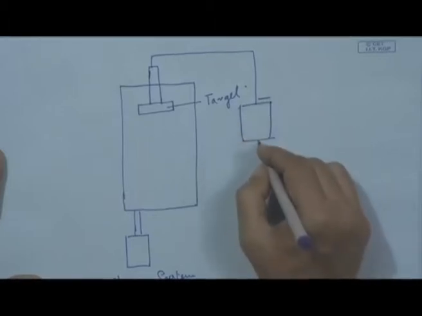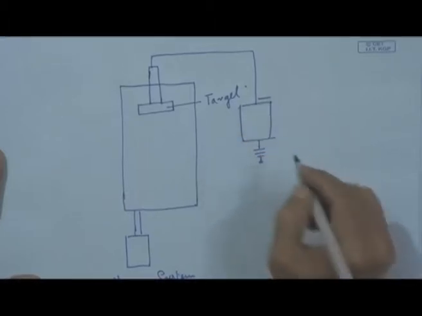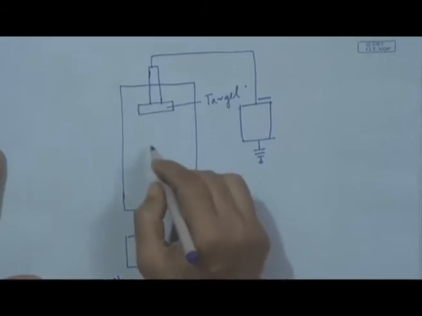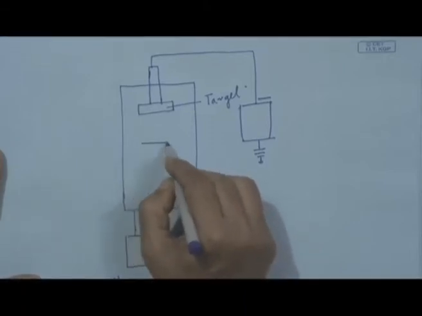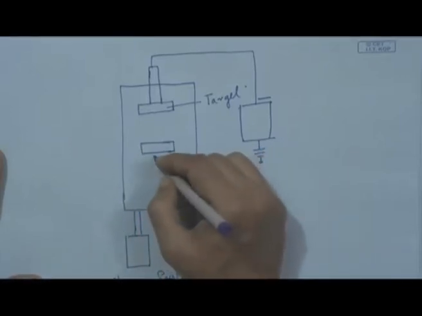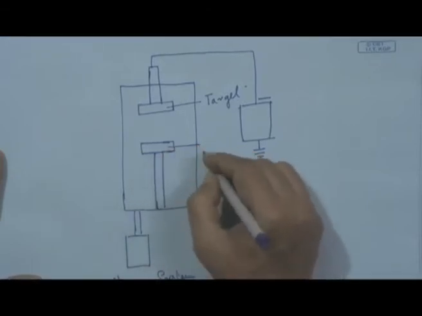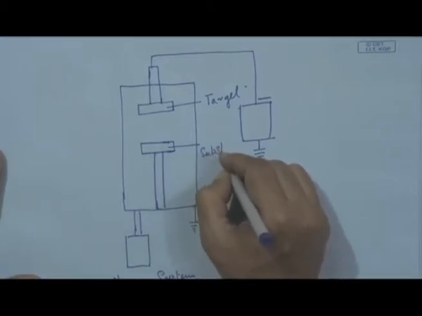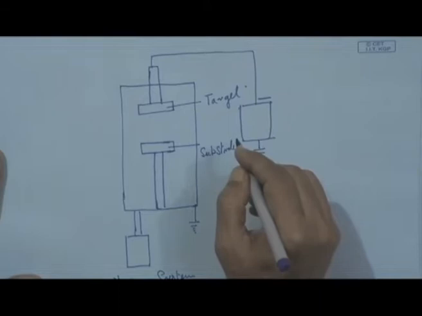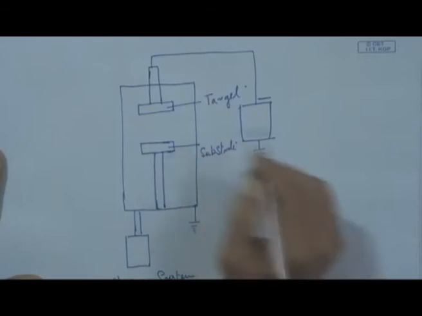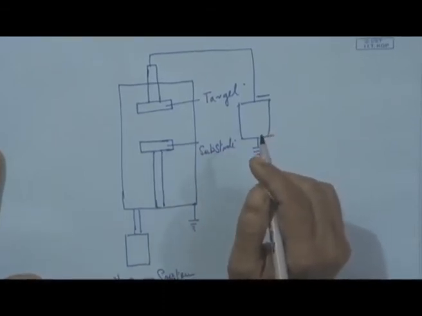So, this side is polarized, and this will be grounded, and at the same time the body of the chamber can also be grounded. So, what is going to happen in this process? Here we can keep the substrate, that means the material or the object which needs to be coated. This substrate can be grounded or can also be biased, so it can be in the ground state or polarized.